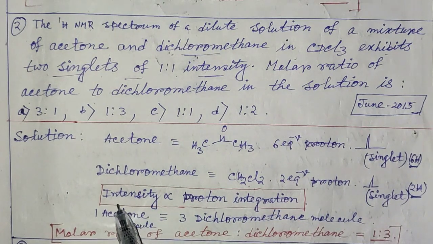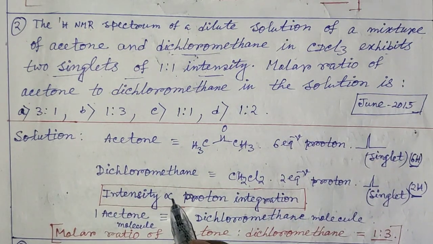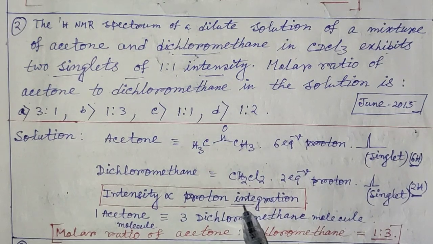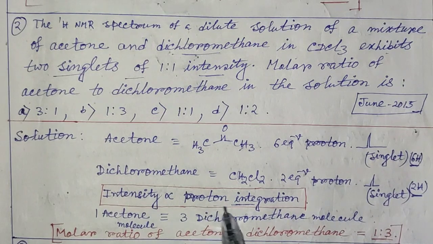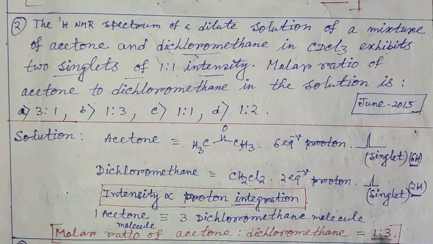Now we know that intensity in proton NMR is proportional to proton integration. The higher the intensity of the peak, the higher the proton integration.